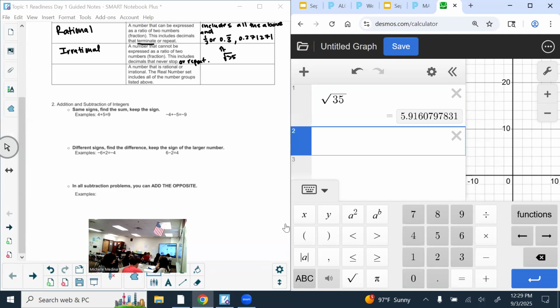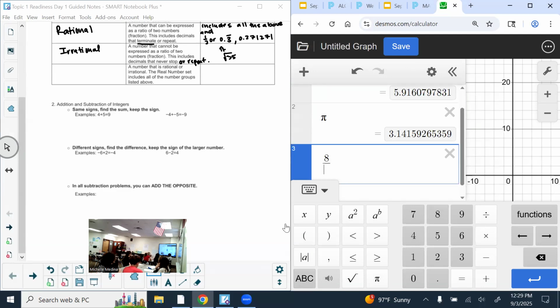Here is pi for reference, this little button over here. There's the decimal that goes on forever. All right, questions on that? Okay. So any fraction you can think of is rational because it's either a decimal that ends or repeats. Like 8/9, it repeats the 8. It rounds here because that's all it does. All right, so that's our irrational numbers.